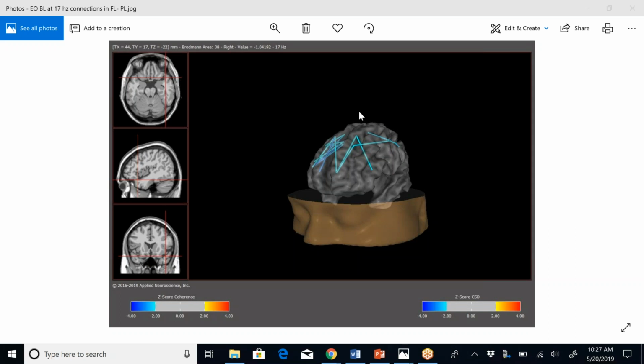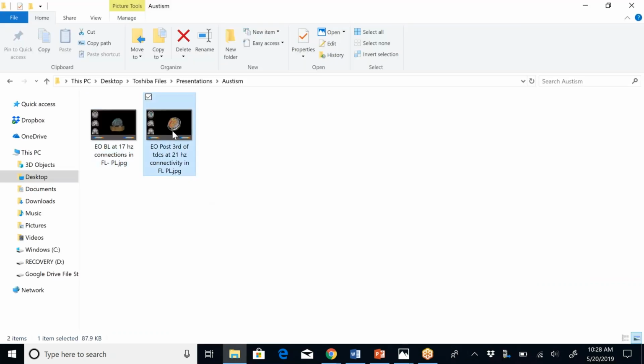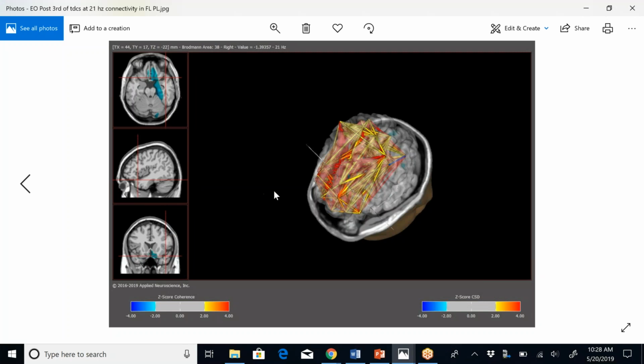So if you look at this baseline, abnormalities in connectivity, and I'll show you a follow-up in terms of the changes in connectivity, which is here.